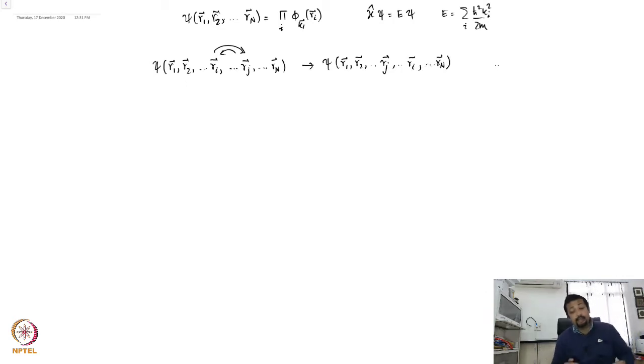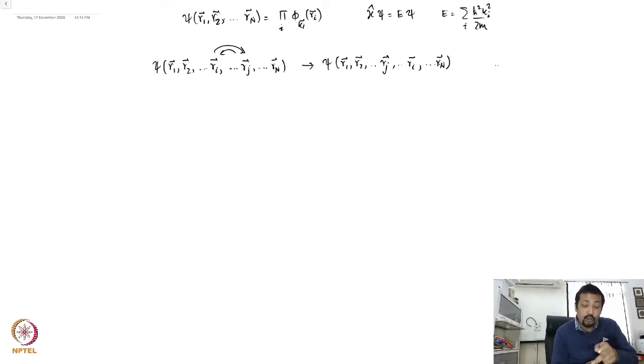This will be an eigenfunction of the Hamiltonian, because even though I have interchanged i and j, nothing in the system has changed. Your system remains the same, correct? Now the indistinguishability of the particles is closely related to the invariance of the Hamiltonian with respect to this change in enumeration of the particle index.